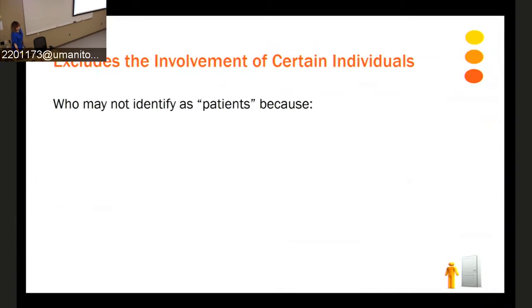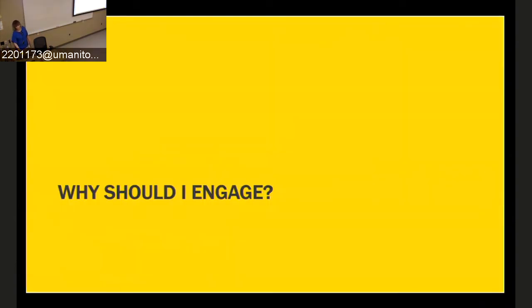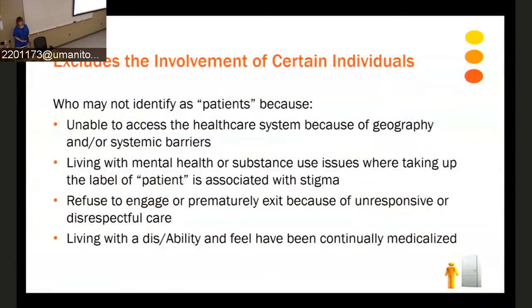But we also need to be assured, and we'll talk about this in more detail at another time, but there are times people don't identify as patients. And there's a number of reasons why. So people who are unable to access a healthcare system, like we were talking before, because of geography or systemic barriers, people living with mental health or substance use issues, or taking up the label of patient may also be associated with stigma.